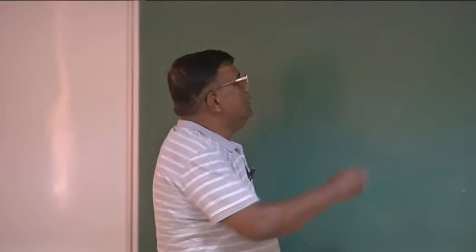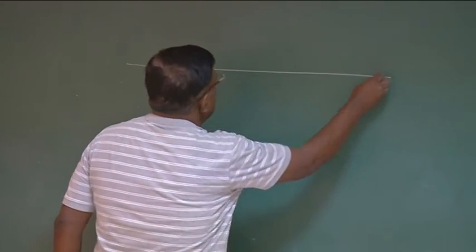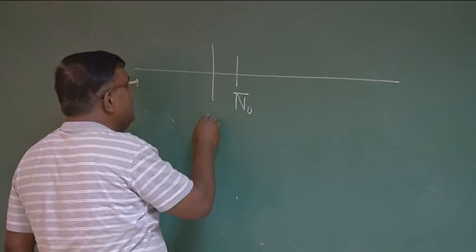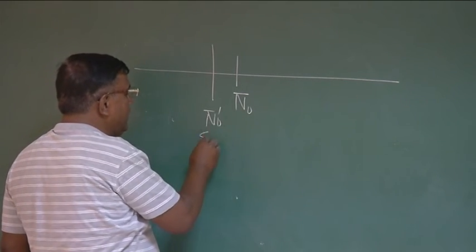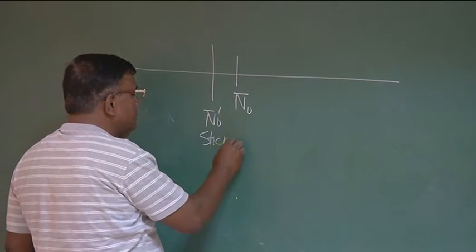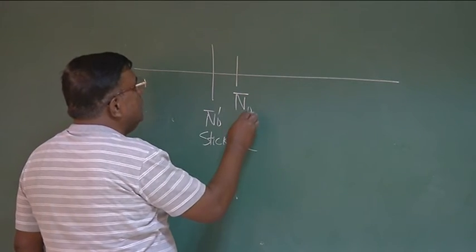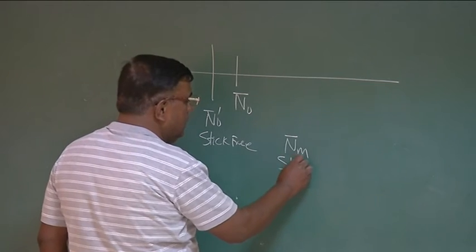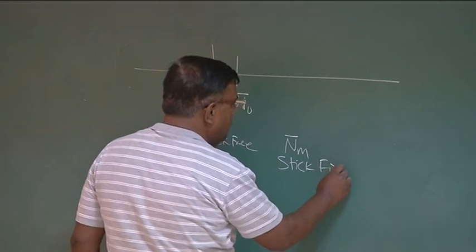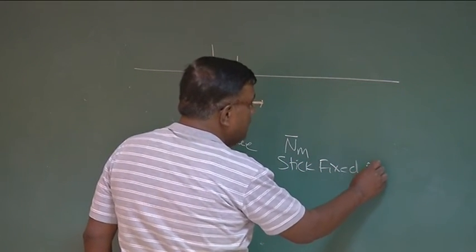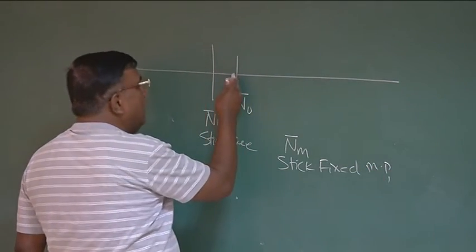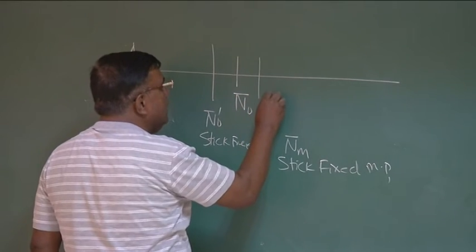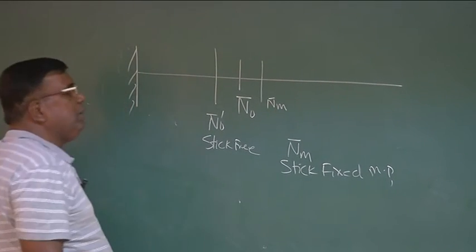Okay? And we have also seen that if this is your N naught stick fixed and this is N naught prime stick free, then Nm, the stick fixed maneuvering point, will be, if I'm measuring from here, somewhere here. Why?